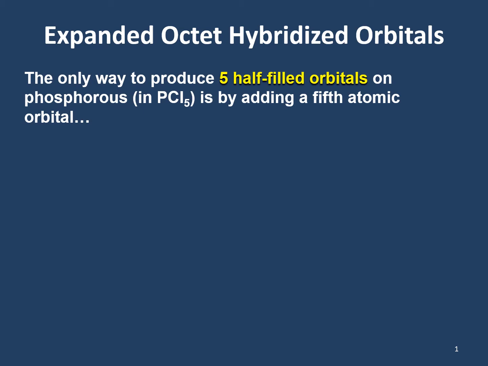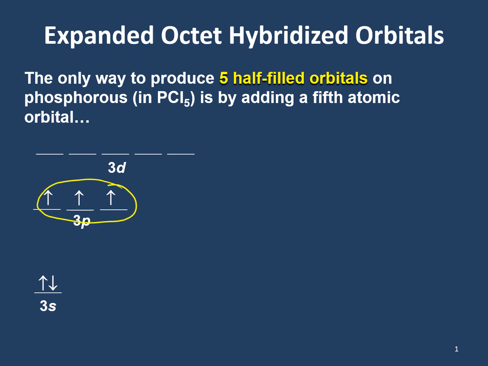In an expanded octet structure, we need 5 half-filled orbitals on phosphorus in order to make, for instance, PCl5. PCl5 has a trigonal bipyramidal structure for its electron group and molecular geometry. If we look at its atomic orbital diagram, we know that there are actually only 3 unpaired valence electrons in phosphorus. That is a bit of a problem because we need 5 of them to form 5 bonds.